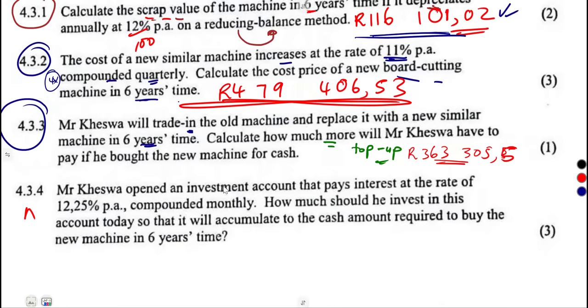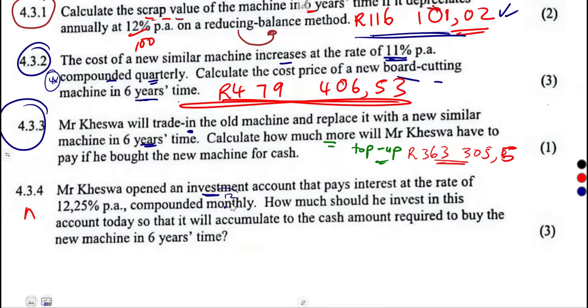So the question now further tells us that Mr. Mkwesa opened an investment account. He's supposed to keep a certain amount of money so that it can accumulate over a certain period of time. That pays an interest rate of 12.25% per annum compounded monthly.